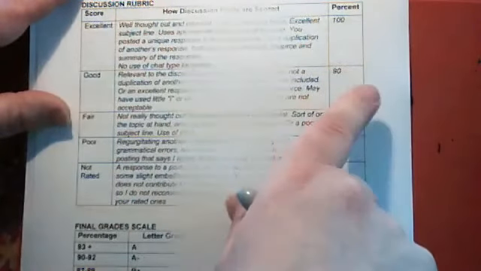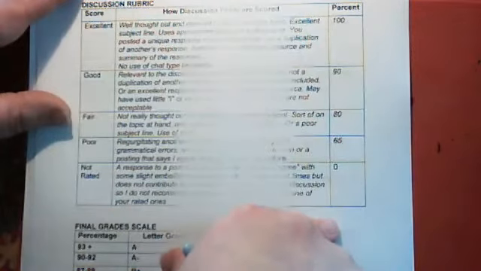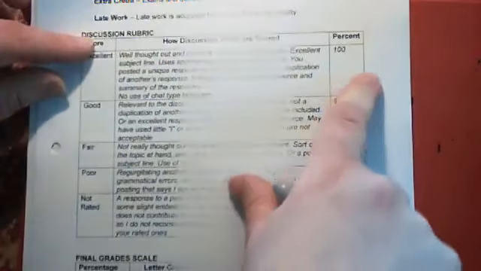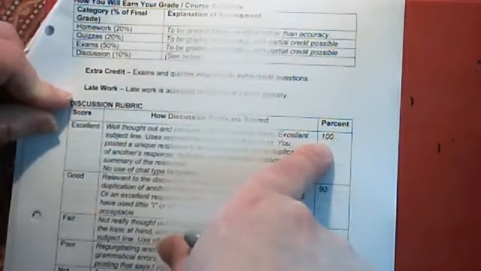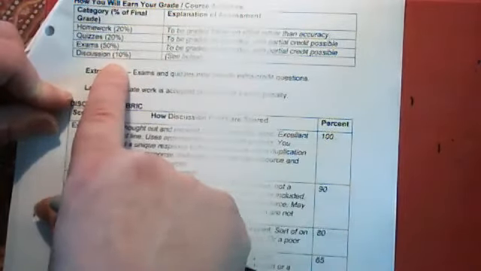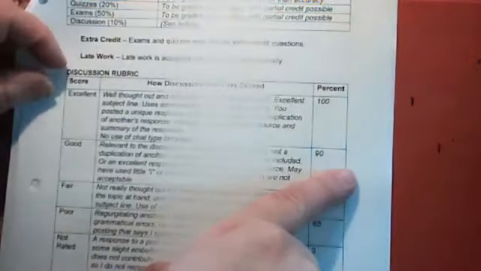For the discussion, this rubric, which is sort of like grading criteria, will be used to determine what percent of the possible grade for the discussion you get. These are percentages over here. If you do a really excellent job on the discussions, you can get 100% of 10%, and if you do a good job, then you can get 90% of 10%.